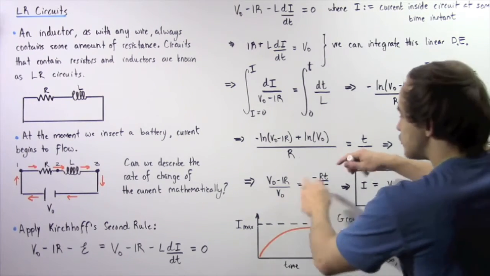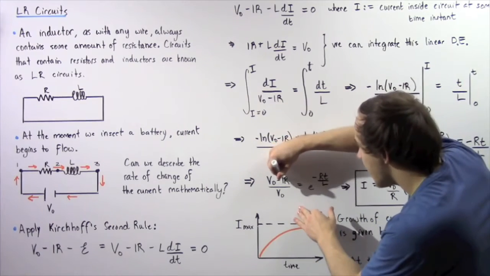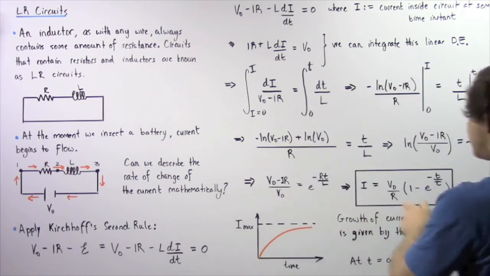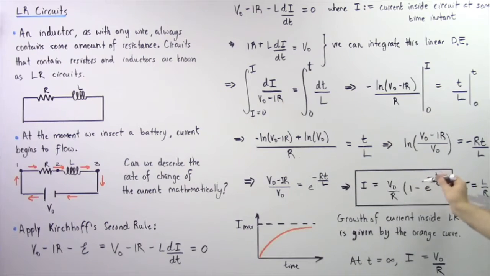If we solve for I, we see that I is equal to V0 divided by R multiplied by 1 minus e to the power of negative t divided by tau, where tau is our time constant, given by the ratio of L, our inductance, divided by R, our resistance.